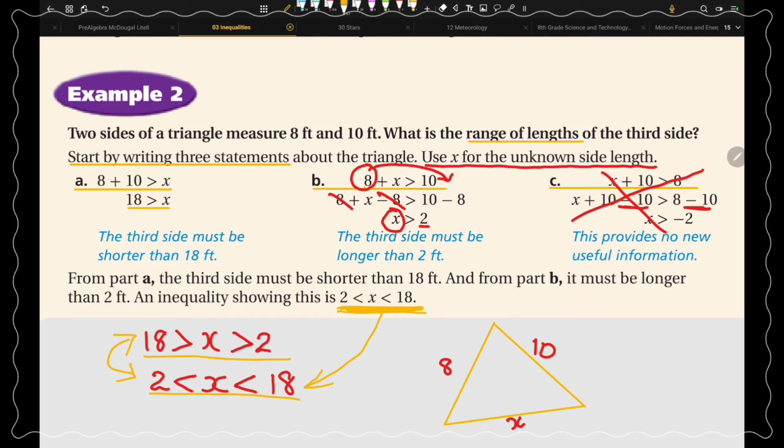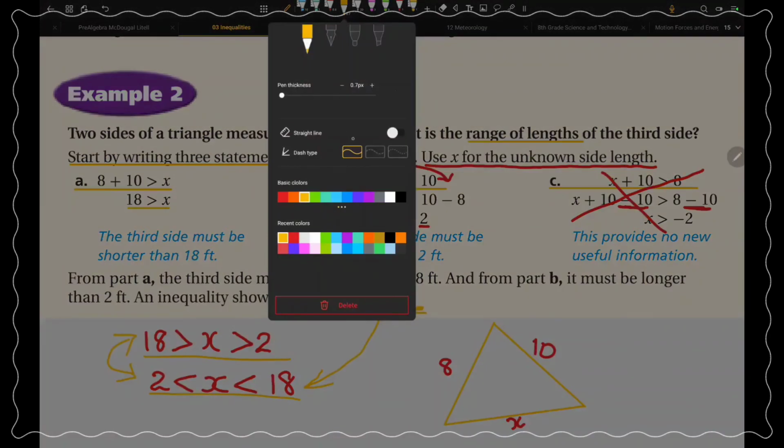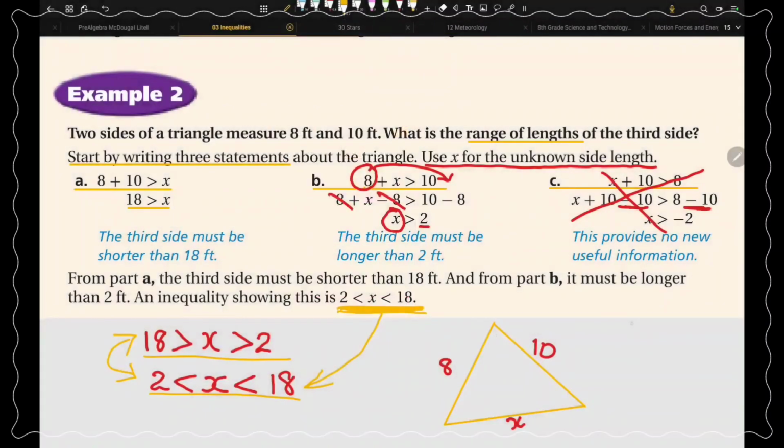So what we know is that whatever x is, it cannot be bigger than 18, but it also cannot be smaller than 2. Anything in between 2 and 18 will work. You'll have maybe a different looking triangle. You can have a triangle where x is that length.